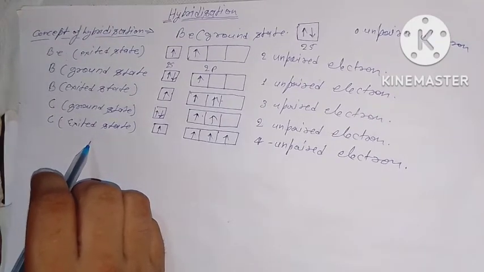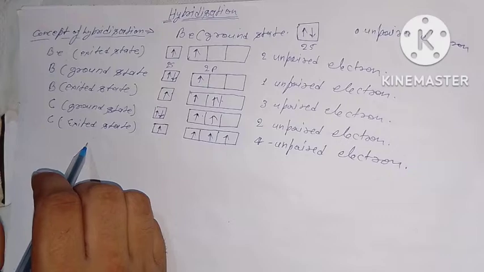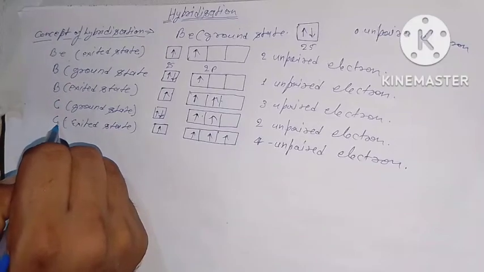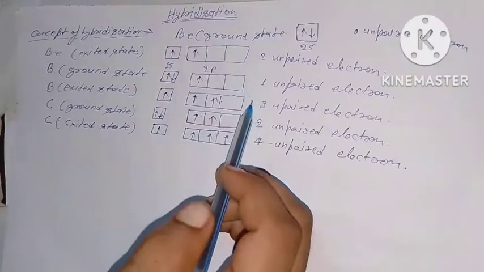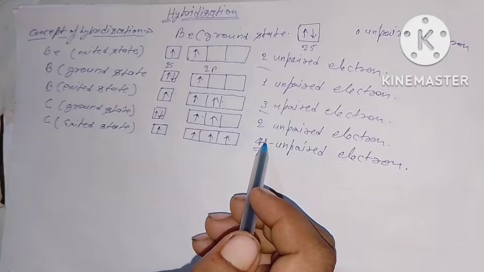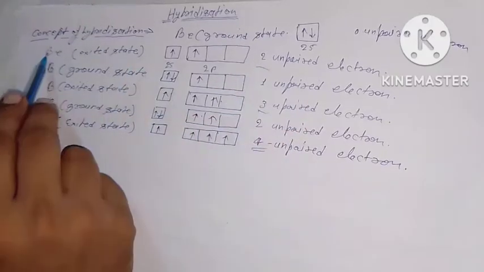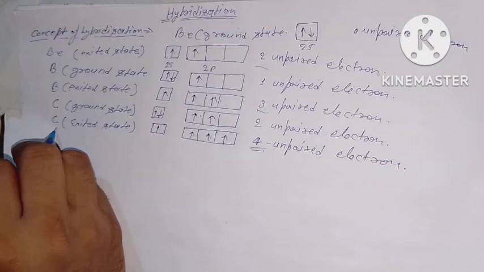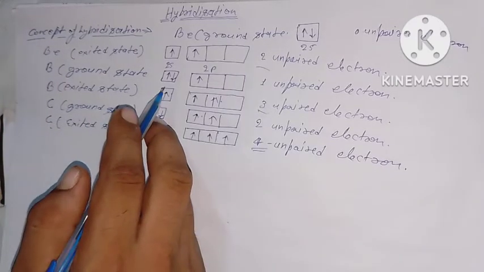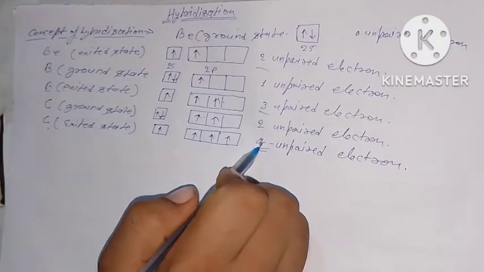As there are 2, 3 and 4 unpaired electrons in the excited state of beryllium, boron and carbon respectively, they can form 2, 3 and 4 covalent bonds.